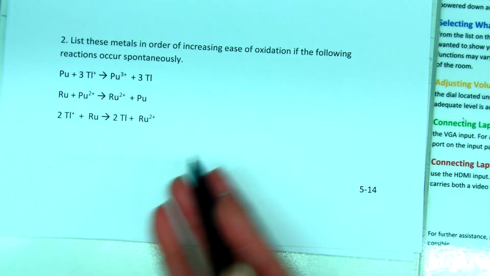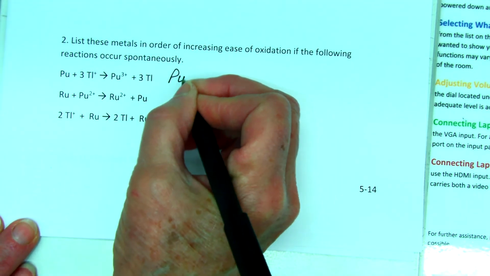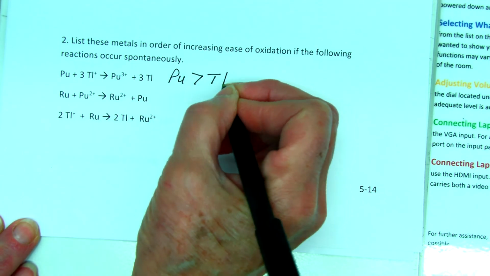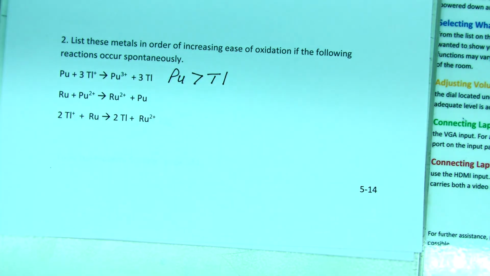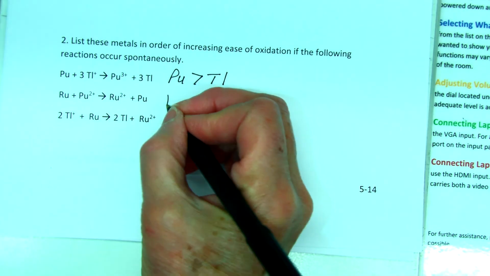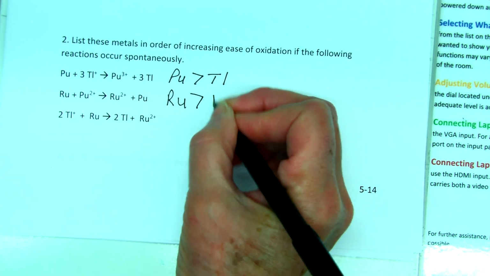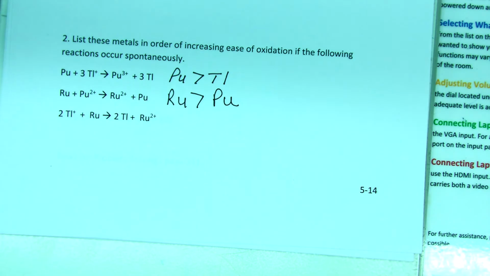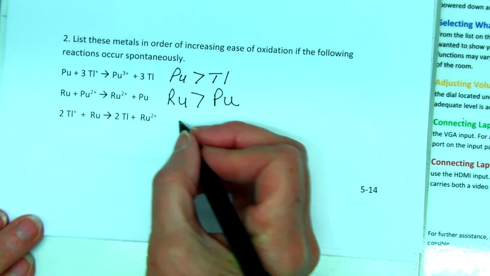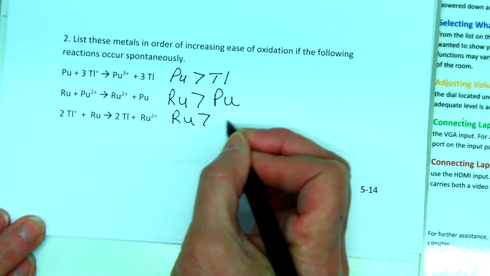So the first equation tells me Pu is more active than Tl. What information does the second equation give me? Ru more active than Pu. And what does the third equation tell me? Ru is more active than Tl.